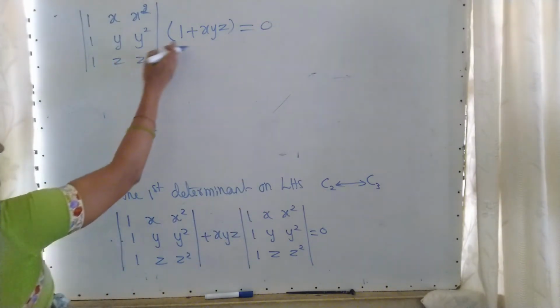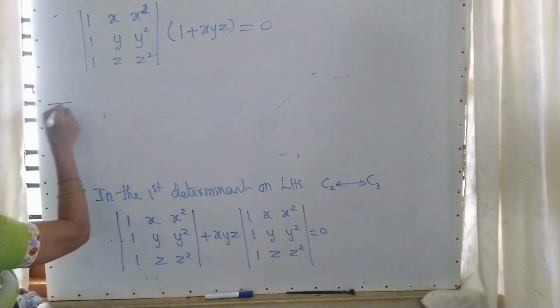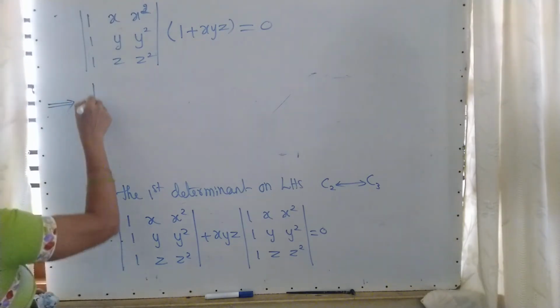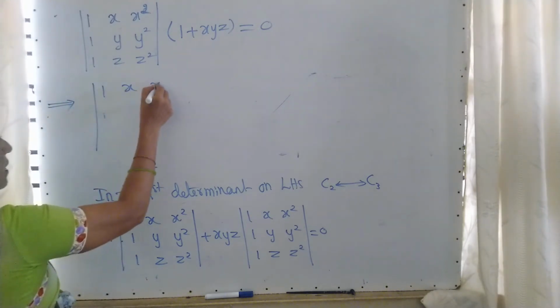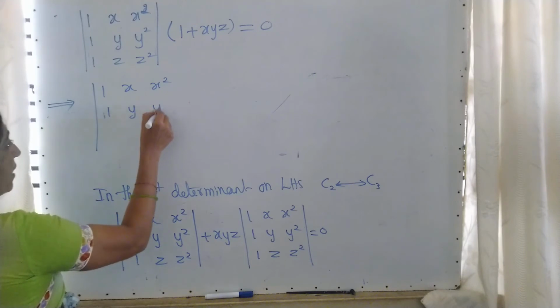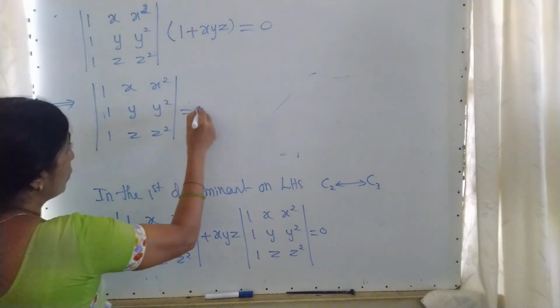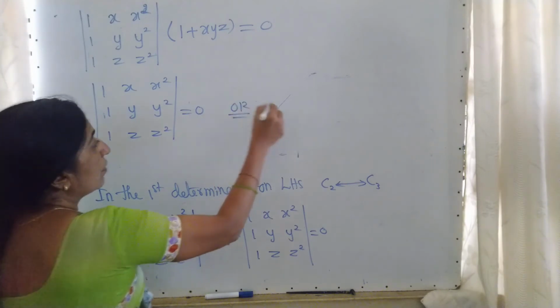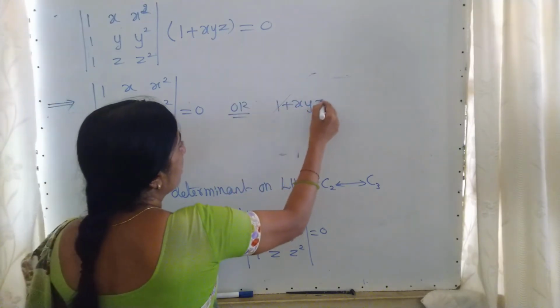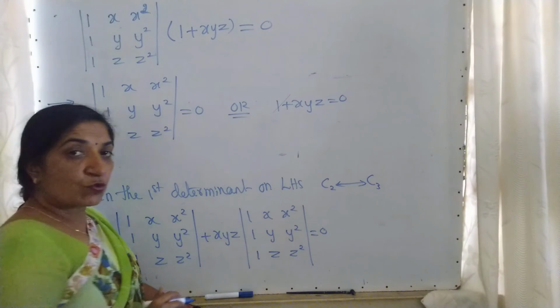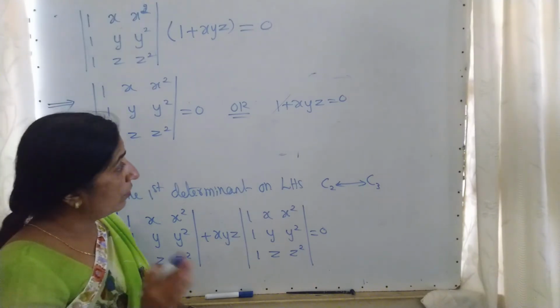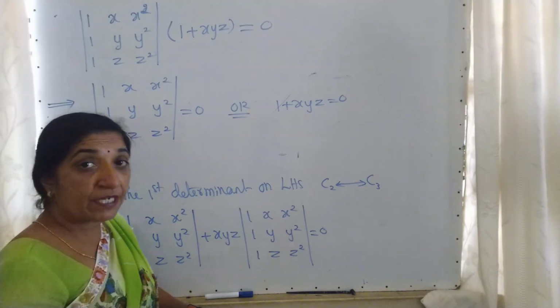So this is the multiplication of two terms. Multiplication of two terms implies either the determinant 1, x, x square, 1, y, y square, 1, z, z square is equal to 0, or 1 plus xyz is equal to 0. Students, have you seen all the videos where I explained the determinant?